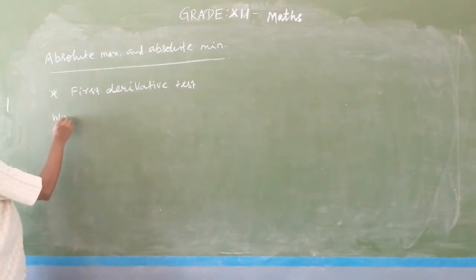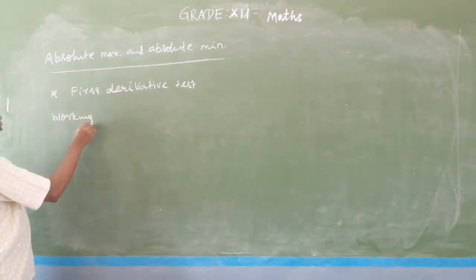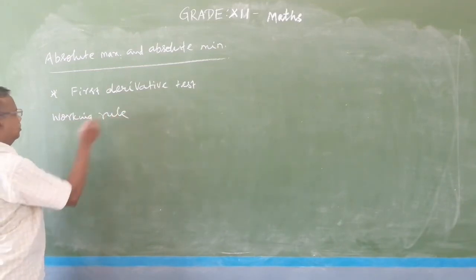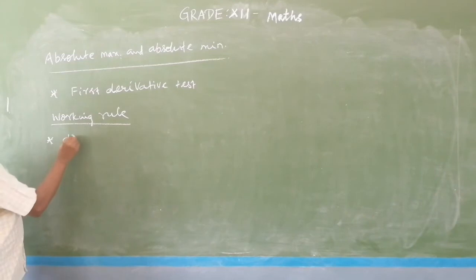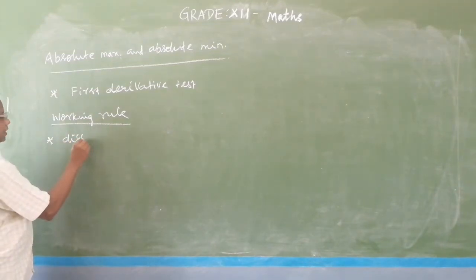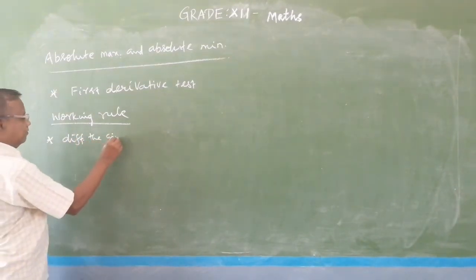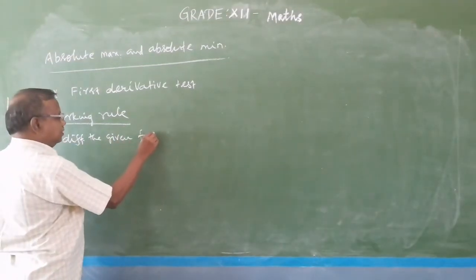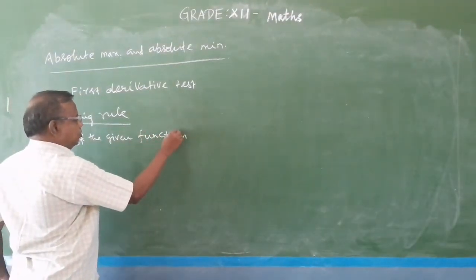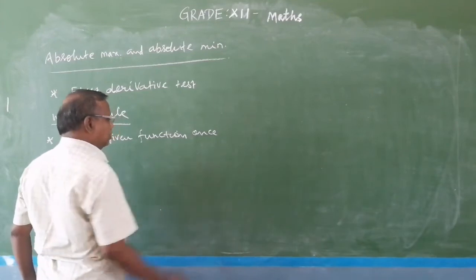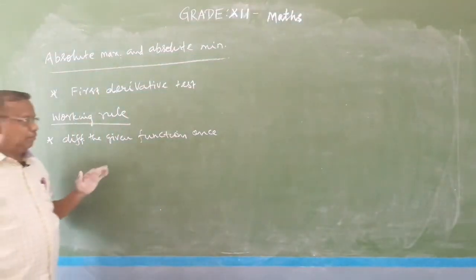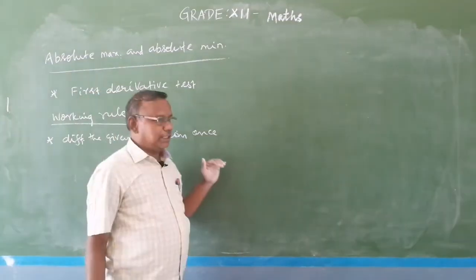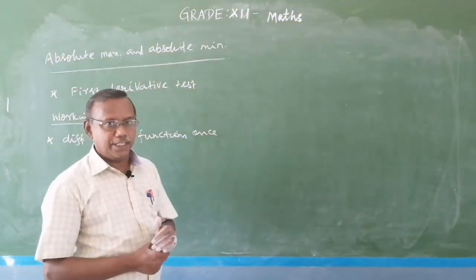Now, I tell you the working rule. Differentiate the given function once. You will be given a closed interval. Generally, every function given in the closed interval must be continuous.